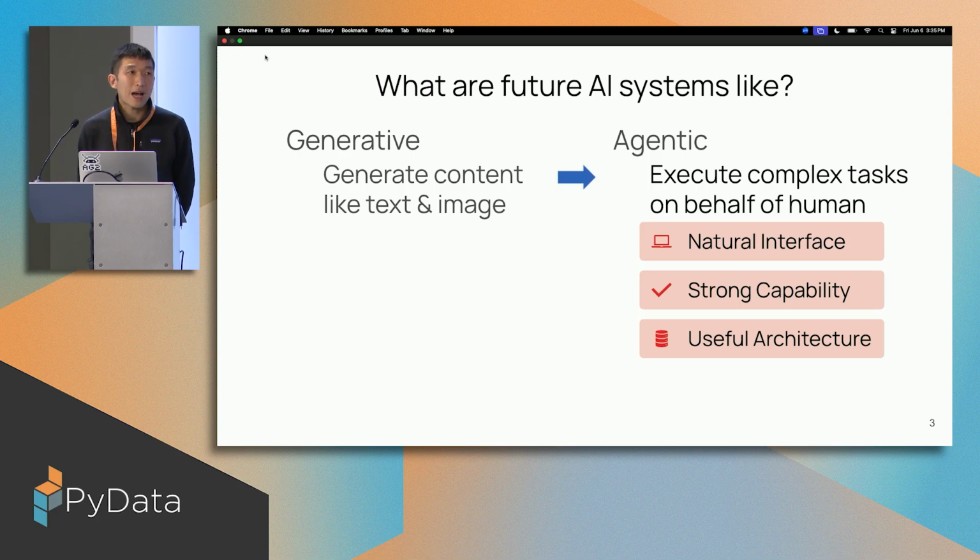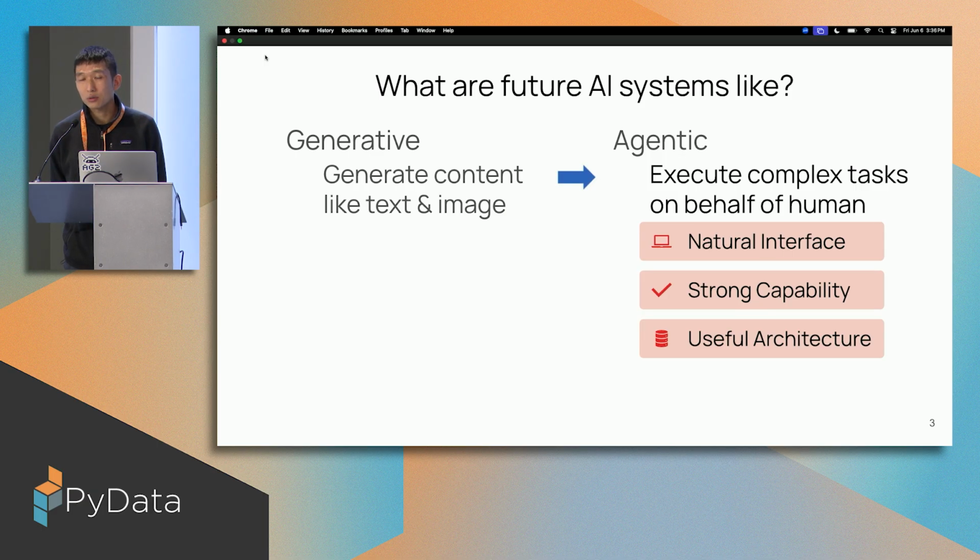We made the early bet that agentic AI will be the future, and we want to build applications with these several dimensions. First, we want them to have a natural interface, so they can take humans' input in a very natural way, and we can talk to them.